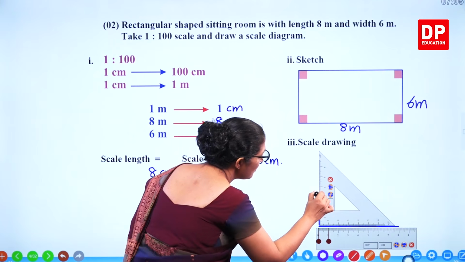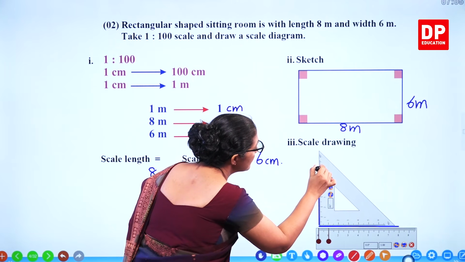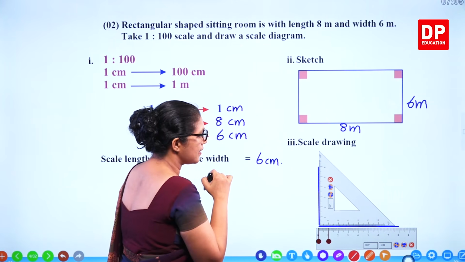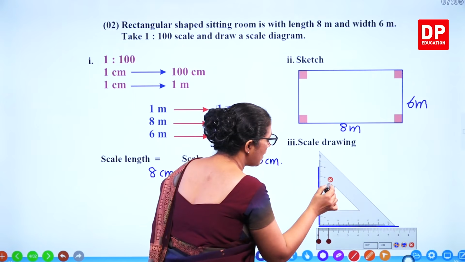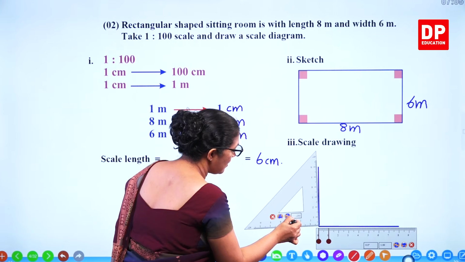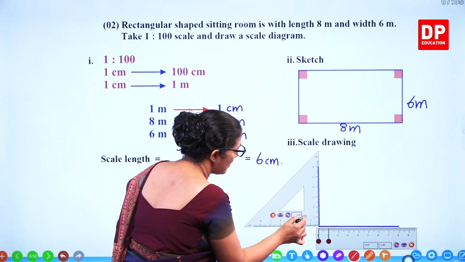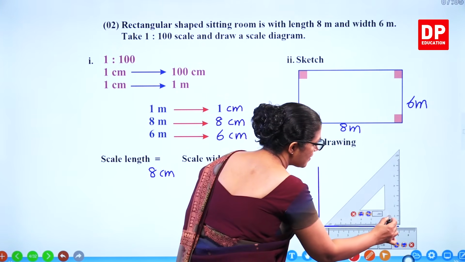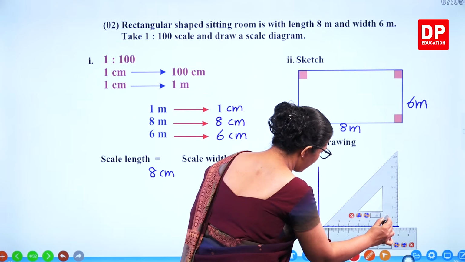So here to here, 6 centimeter length. Again, you can change the direction like this and keep the set square to this corner.